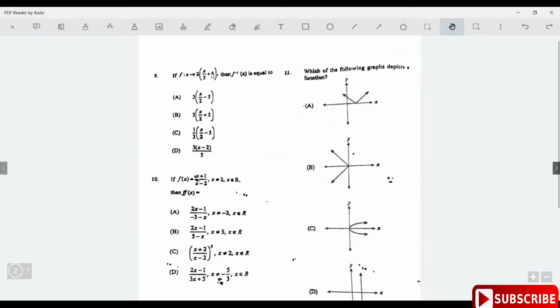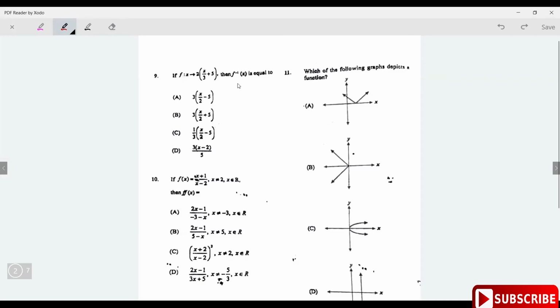All right. This question says f of x is 2 times x over 3 plus 5. Then f inverse of x is equal to, now we need to know what is f inverse of x. First thing you have to do is interchange x and y.